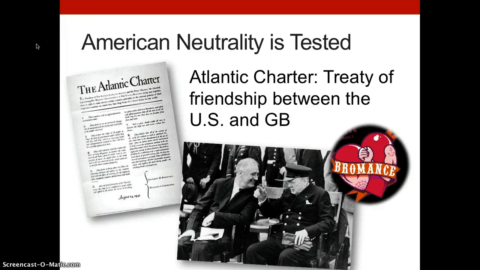It was fashioned after Wilson's 14 points, showing that there should be fairness and equality amongst these nations, that there needs to be freedom of the seas and free trade and all these other things that we had stated under Wilson's 14 points. And the agreement proved to be a very important step in the creation of the United Nations after the war would be over. But what this really truly does is it solidifies the United States on the side of the Allies before we officially join into the war.